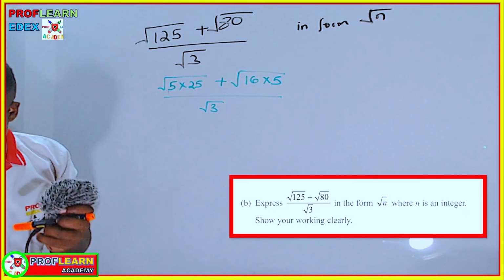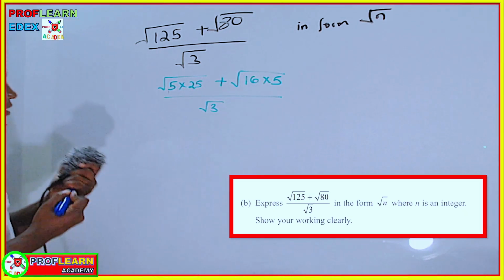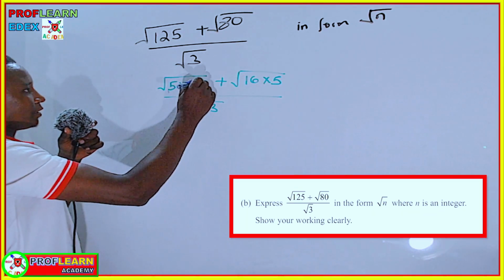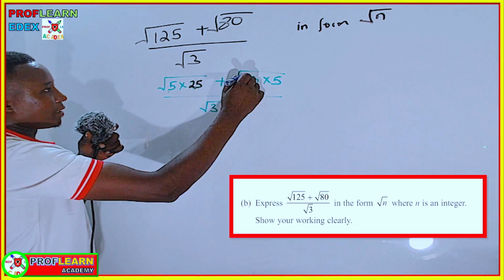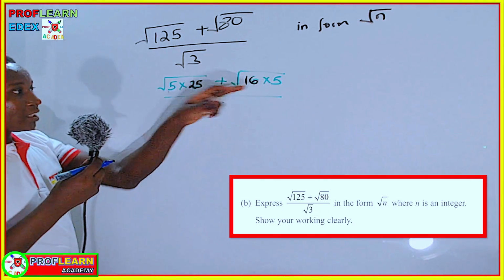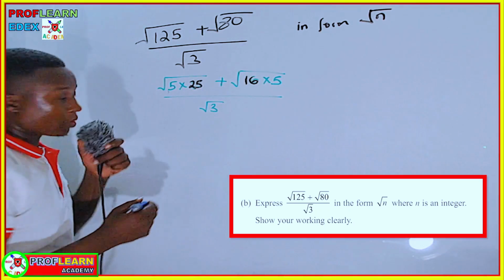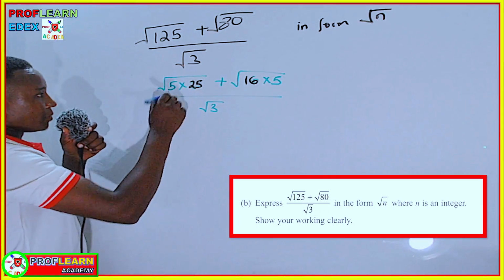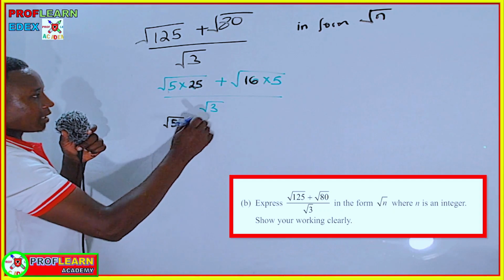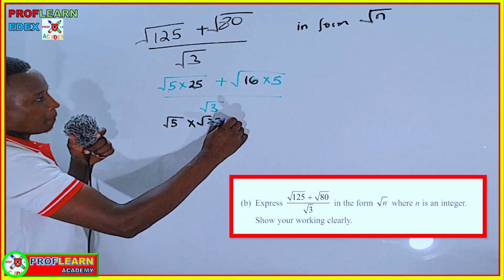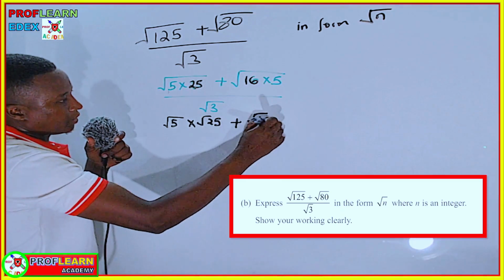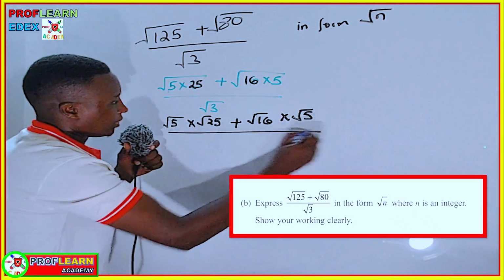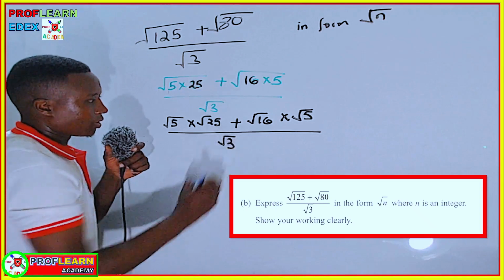We have 25 and 16 here, which are values whose square roots we can find. This can also be written as 5 times root 25 plus root 16 times root 5, all over root 3.